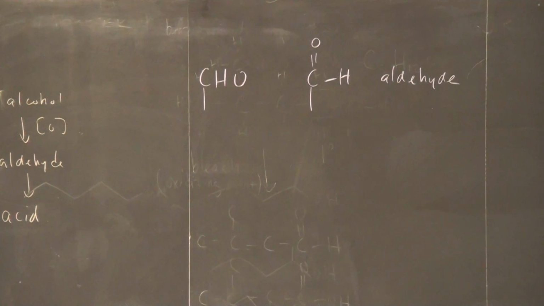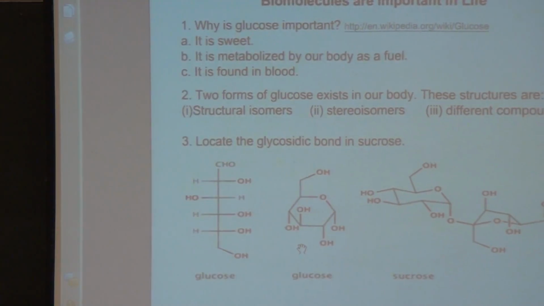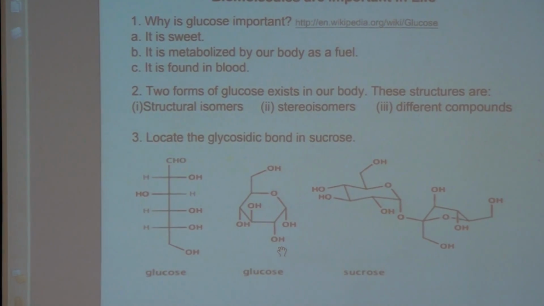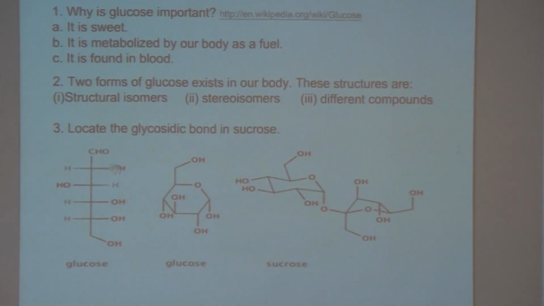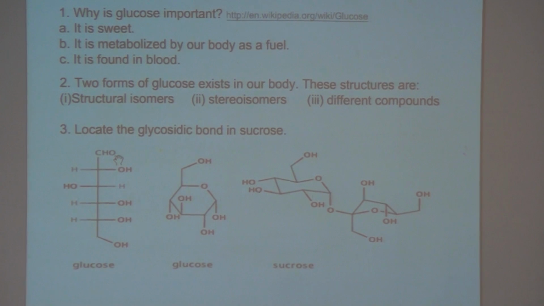Okay, so if this chain form of glucose has the aldehyde functional group, you don't see the aldehyde functional group in the ring form. So that means that the connectivity is different, because we're seeing a functional group in this form of glucose which we're not seeing in that one. Therefore, these two forms of glucose are what type of isomer? Structural isomer. So let's say one.